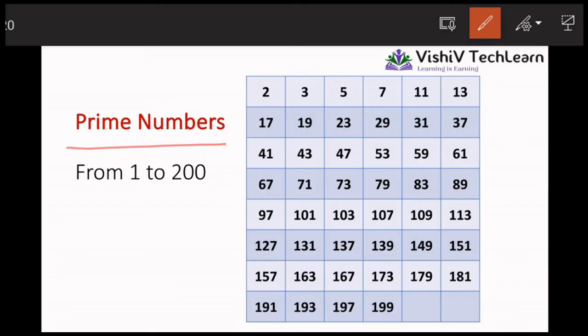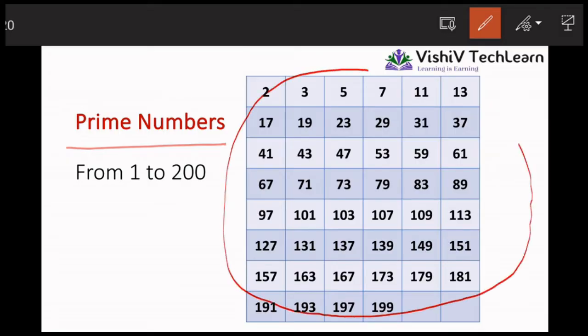Now in case of prime numbers, the thing is, all these prime numbers will not be in any multiplication table. Initially we have seen the three multiplication tables: 1 to 10, 11 to 20 and 21 to 30. So out of all these numbers, you cannot see a single prime number in the multiplication tables.